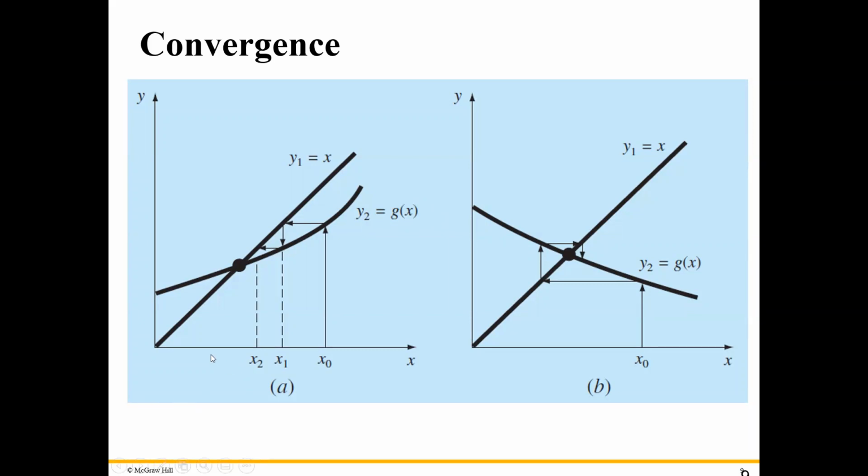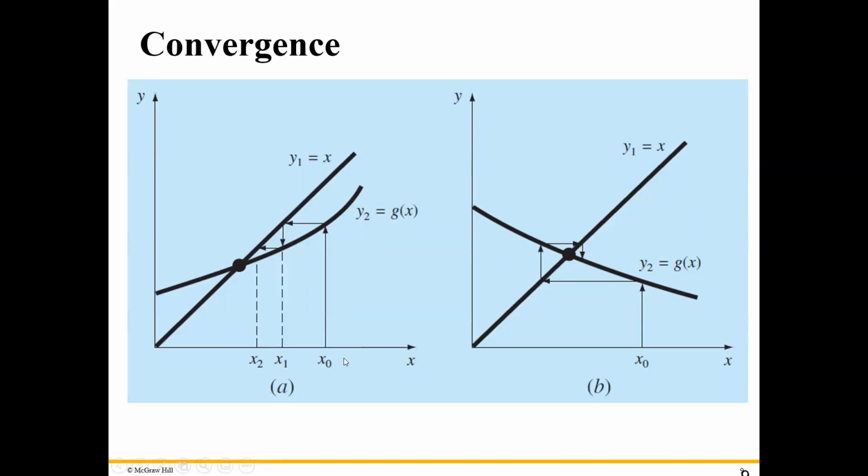In this case, when we apply the iterative approach, we have to start from x0, and then from x0 we go to x1, then x2. In this graphical representation, we can clearly see that the solution is at this black dotted point.